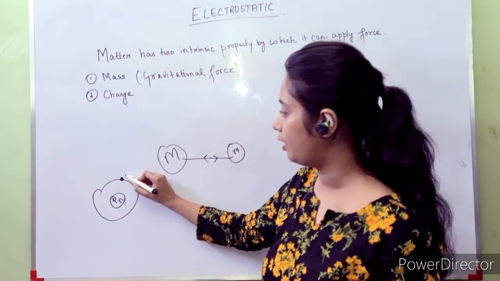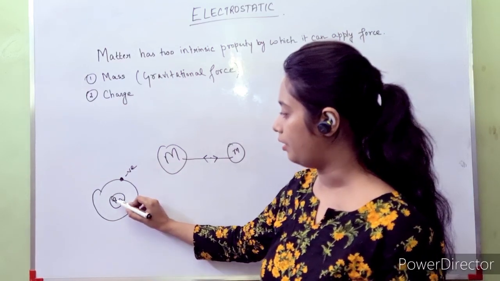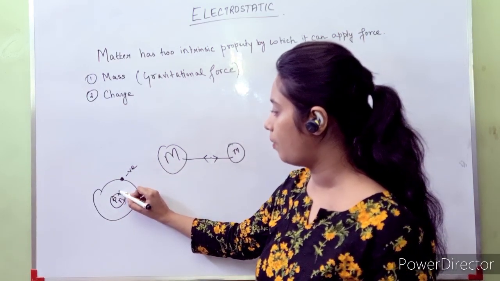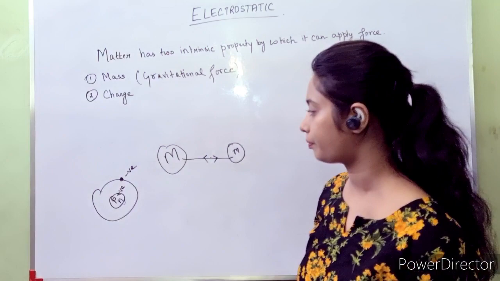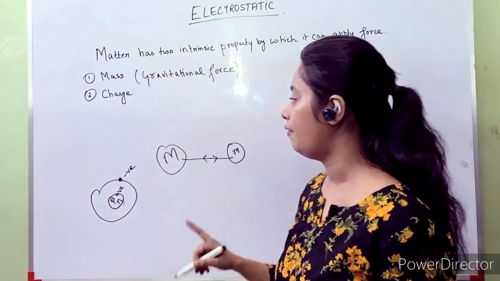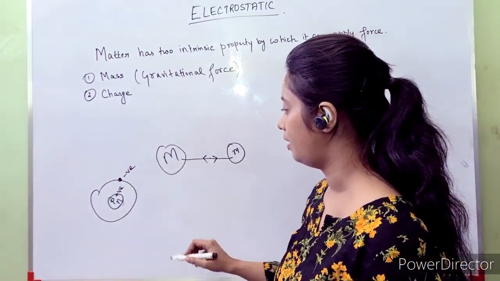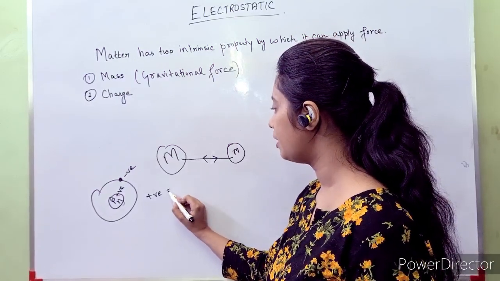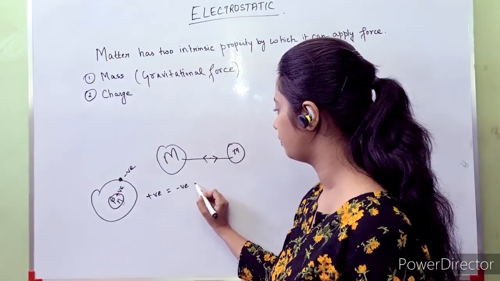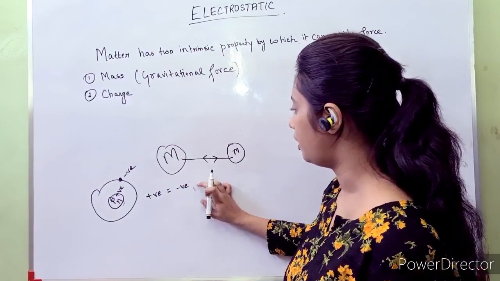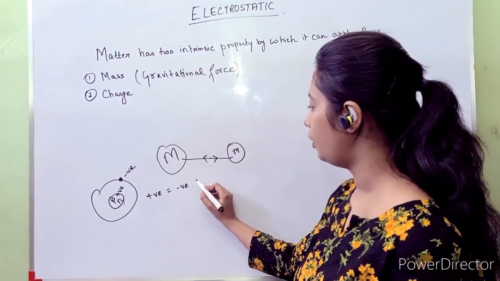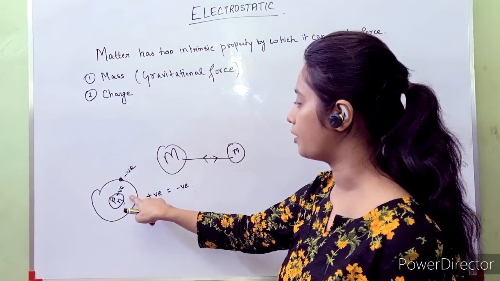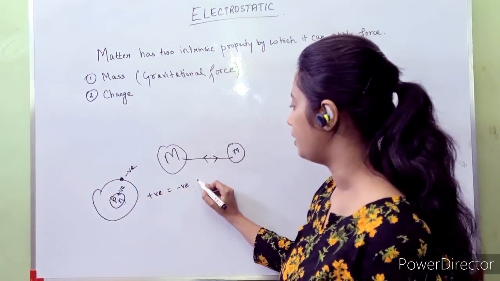This electron is negatively charged and this proton is positively charged. Now, if any mass has positive charge equal to negative charge, then we will say that this mass or this atom is neutral.